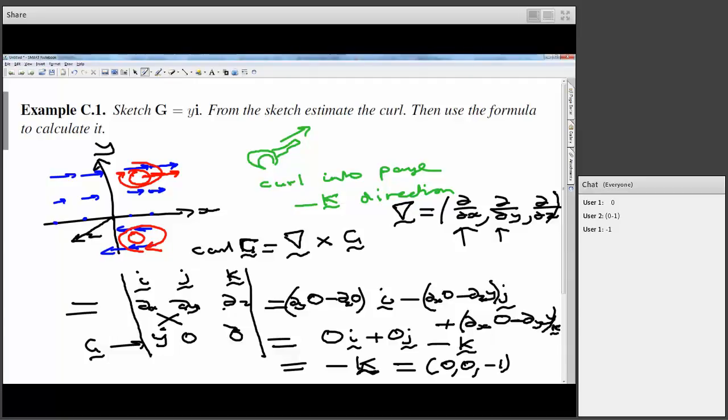Some people just write down minus 1. That's not quite right. Now, there are things such as a 2D curl. I think it's best to always write down 3D curls. I think that's a helpful way of remembering it, and always think of things being embedded in 3D. So whenever I write down curl, I'm always thinking about the 3D version of it. So that's the curl in this case.